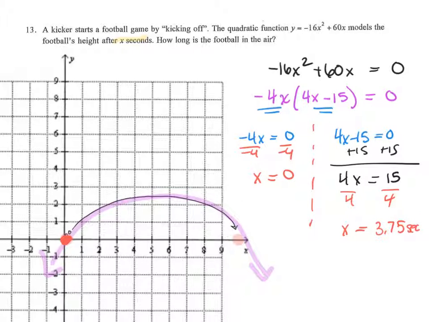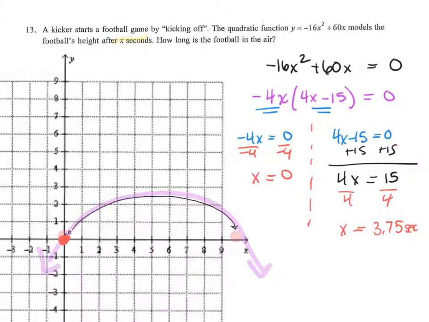So that means in reality that my graph, where I put the coordinate plane right over the parabola that I had drawn, has inconsistent numbers. Really what this should be was 3.75. So here's 0 and this is 3.75. That means that it took 3.75 seconds to get from the moment it got kicked back down to the ground.